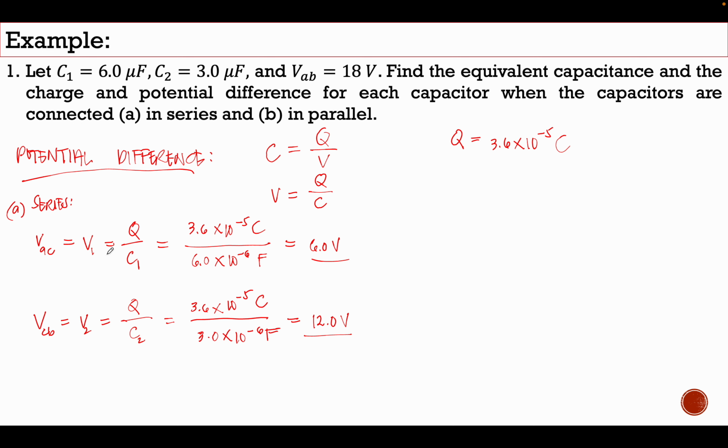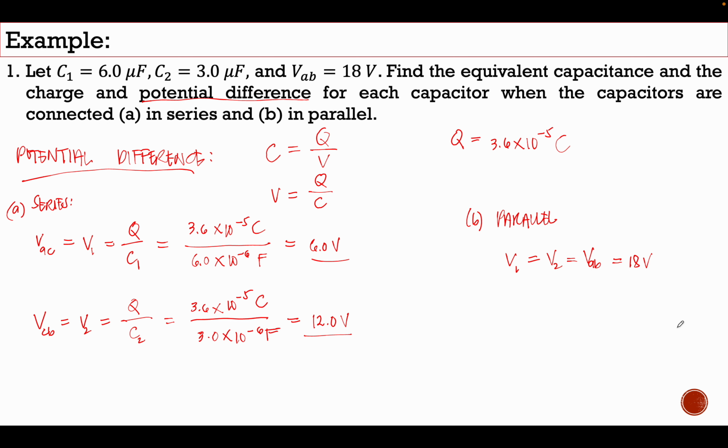So the potential difference across C1, our first capacitor, is equal to 6 volts, and our potential across C2 is equal to 12 volts. So again, that is for the potential difference for each capacitor. In parallel, V1 is just equal to V2, which is our potential difference VAB, which is equal to 18 volts.